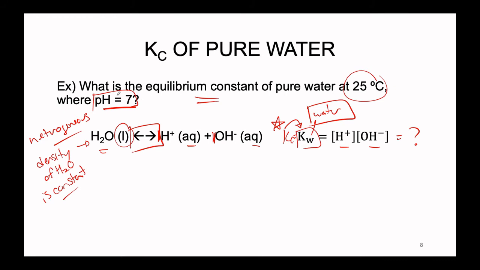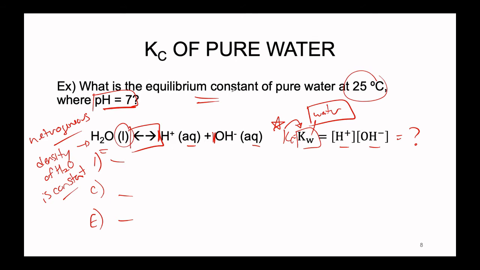All right, so let's see how the pH of 7 is going to come into play. We are working with an equilibrium expression, and if we are set to find equilibrium concentrations from the information given to us, if we set up some type of ice table, we will be able to find these equilibrium concentrations. Now, water, again, is a liquid. Don't have to care about it, just blocking it out. We're only going to be looking at the H plus and the OH minus.